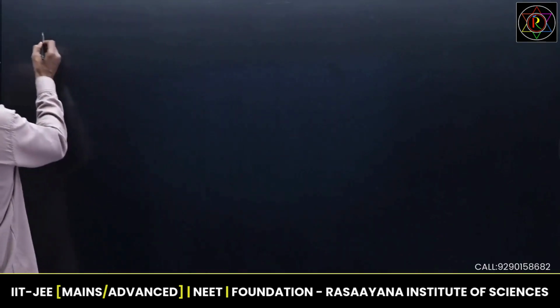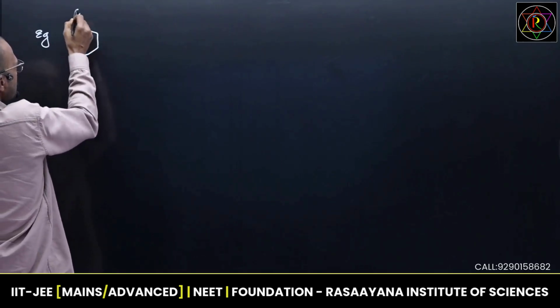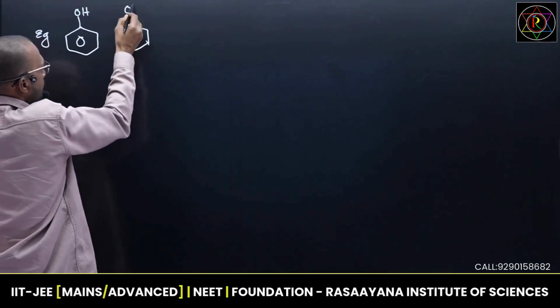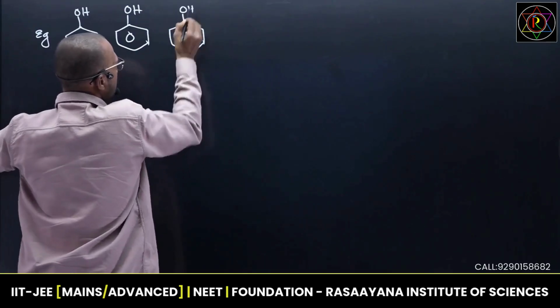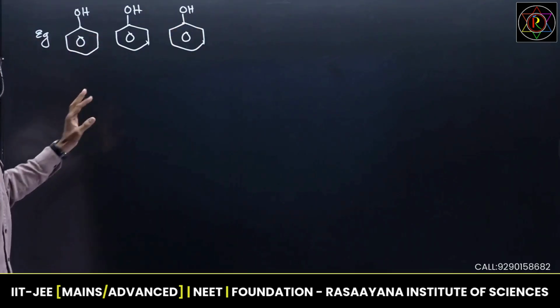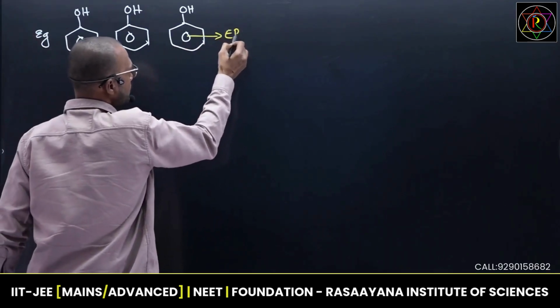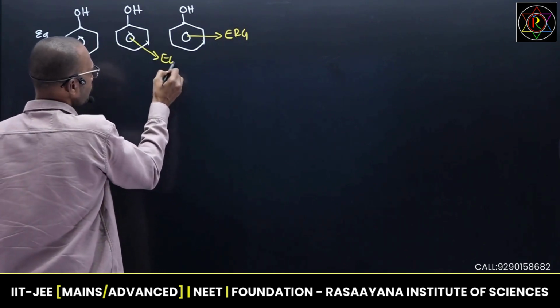Suppose, generally phenol acidity depends upon an electron withdrawing group or not? Yes. Now what I am saying is, if I substitute any electron withdrawing group and electron releasing group in this particular phenol, here the phenol has an electron releasing group and here it has an electron withdrawing group.